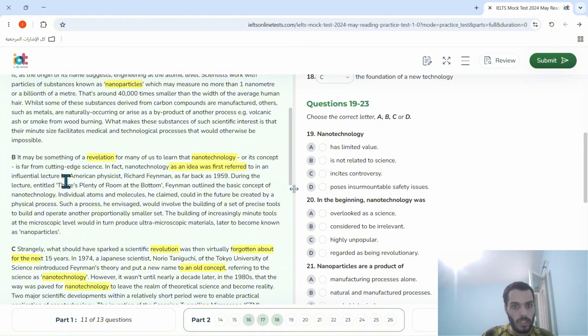As an idea it was first revealed in an influential lecture by an American scientist, not later saying that it has limited value, and controversially poses insurmountable safety issues.